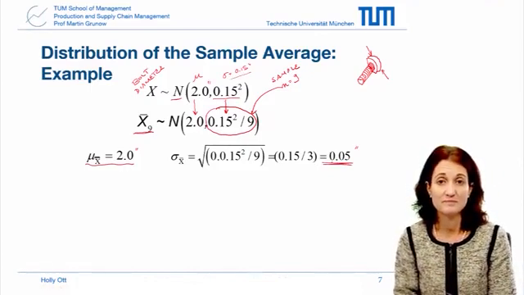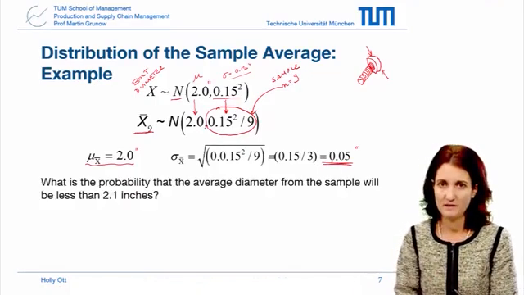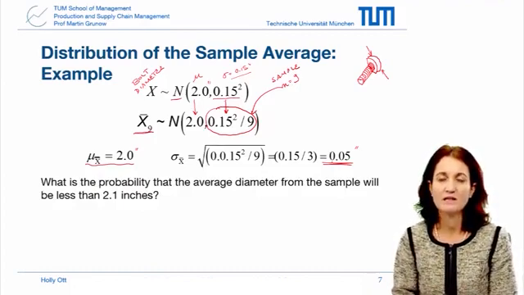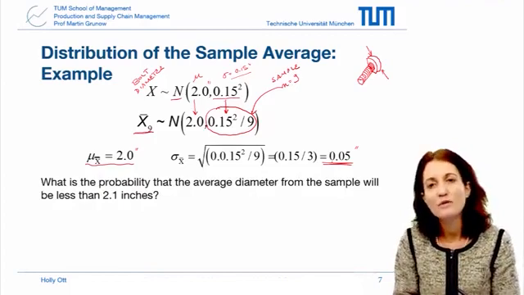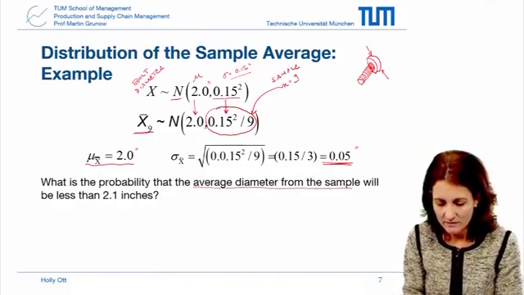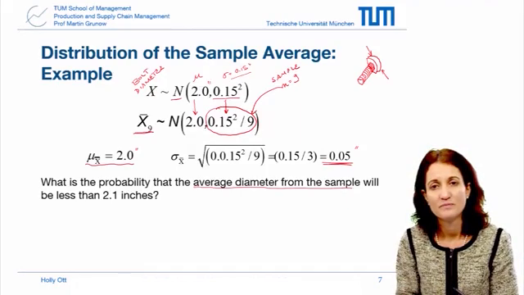So now the question, though, was: we've taken our samples, we can calculate the sample average, what is the probability that the average diameter of the sample will be less than 2.1 inches? Now that we know how to do.